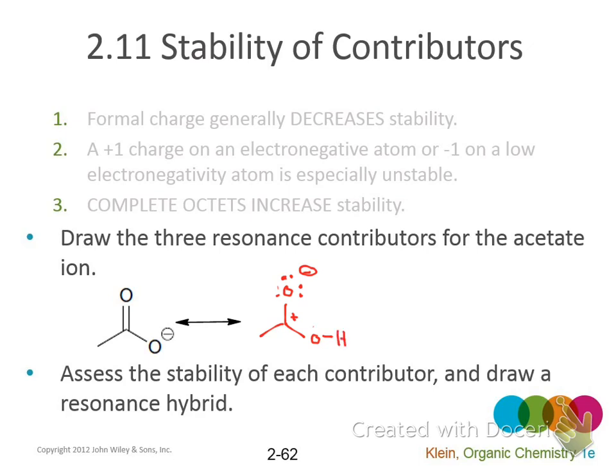If it helps you, you can draw those H's out like that. Makes it easier to see the octets. And then the other one, oops, sorry. Didn't mean to draw the H on this one, though, did I? Let me do this. On the last one, you can draw the H's out. This one, you don't want to.